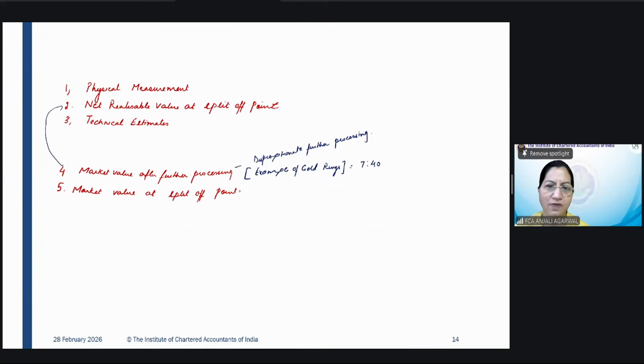So if market value at split off point is also given, this is a good method. So you have both pieces of information. This will be applicable when the products which emerge in the process have a ready market as they are. So they are sellable in the market and you know at what price.